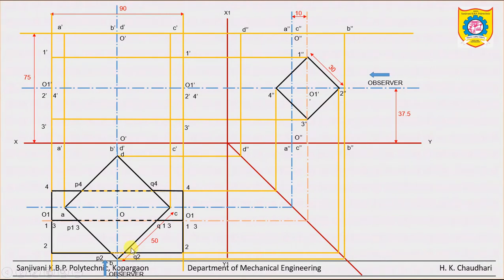Now see, to complete the front view, let us take the projection from point P1, which is common for P3 also. So this is the vertical projection from P1, and just identify the horizontal projection from 1. That means the point will be here, this point, P dash 1. Similarly, the same will be the projection for P3 also.